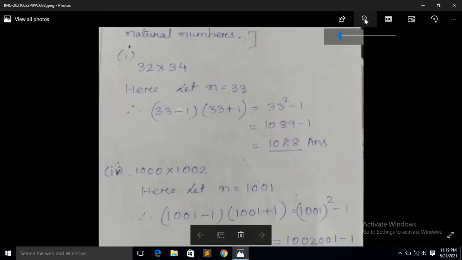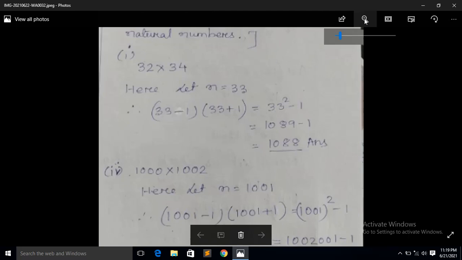Question number 9. Using the properties of squares, find the following products. If there are two consecutive even numbers or two odd numbers, how do you find the product of them? You can see the property given on your book, page number 10.